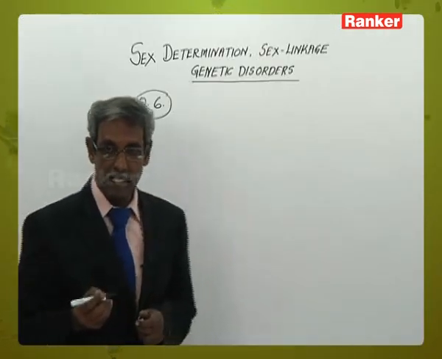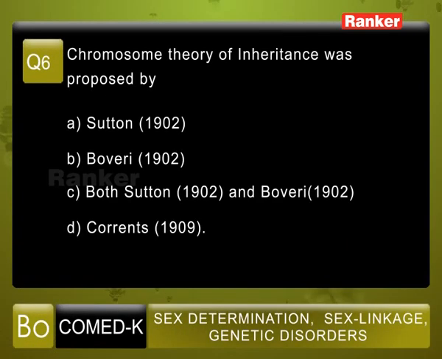Question number 6 states, who proposed the chromosome theory of inheritance? The options are A, Sutton, B is Boveri, C is Sutton and Boveri, and D is Correns.